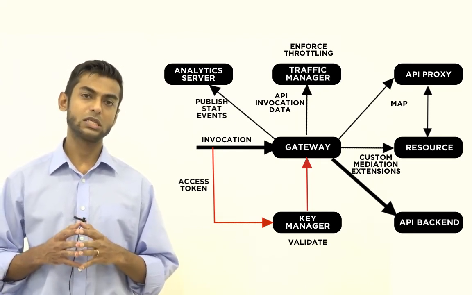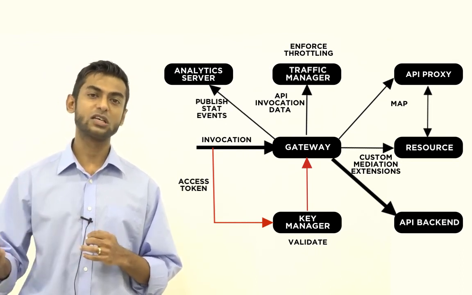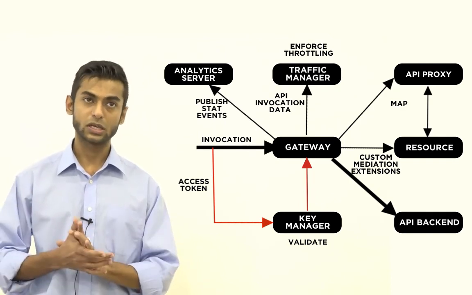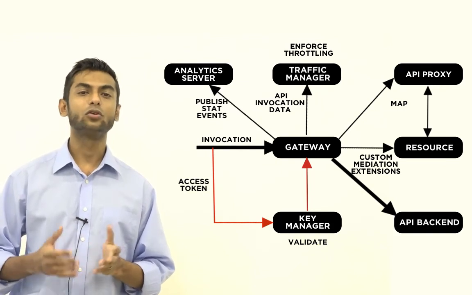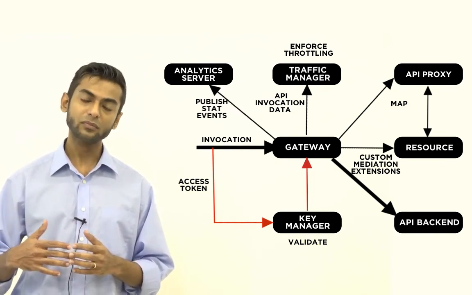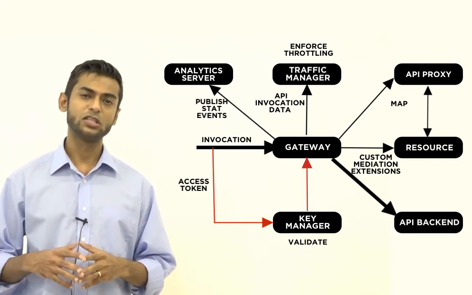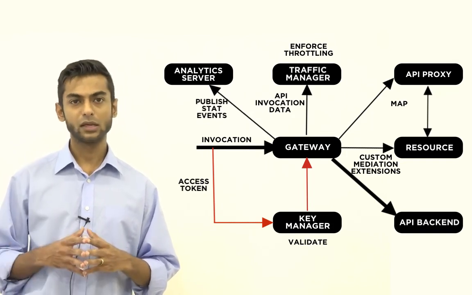What it does is it will cache responses that are received for a given API resource. And so it will eliminate the need to constantly go to the backend to fetch responses. So this ends up reducing the load on your backend.